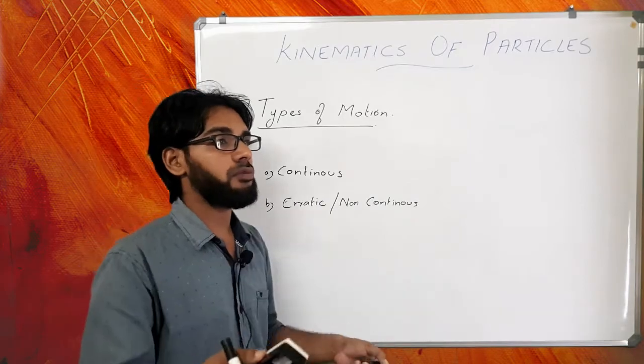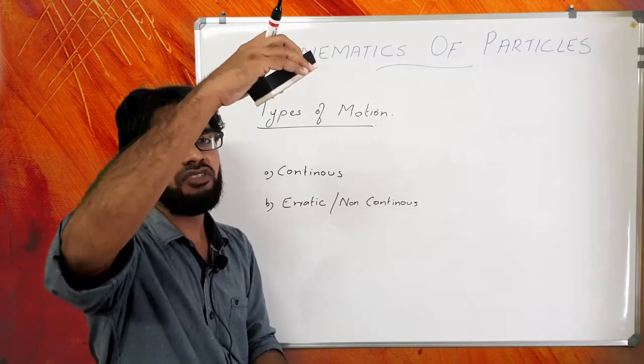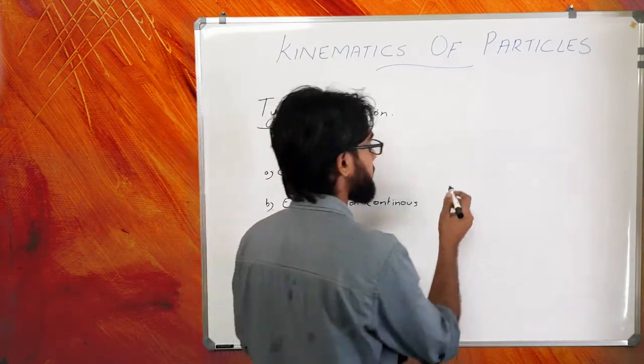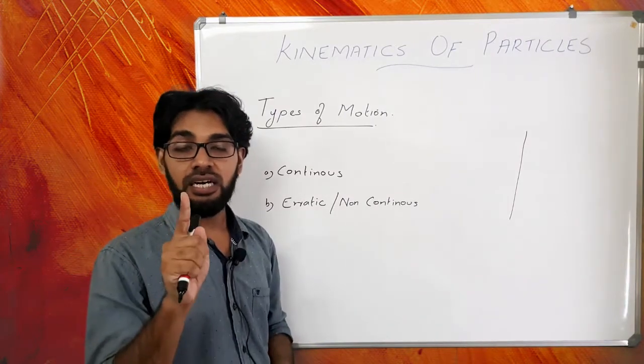Or for example, consider the motion of a rocket. As the rocket initially fires, it goes up. So you have a continuous path that is described, but after an interval of time, the first stage of the rocket gets completed and the second stage starts firing. The boosters may come off and hence the corresponding motion parameters get changed. So we may not be able to describe the entire path with a single mathematical function.